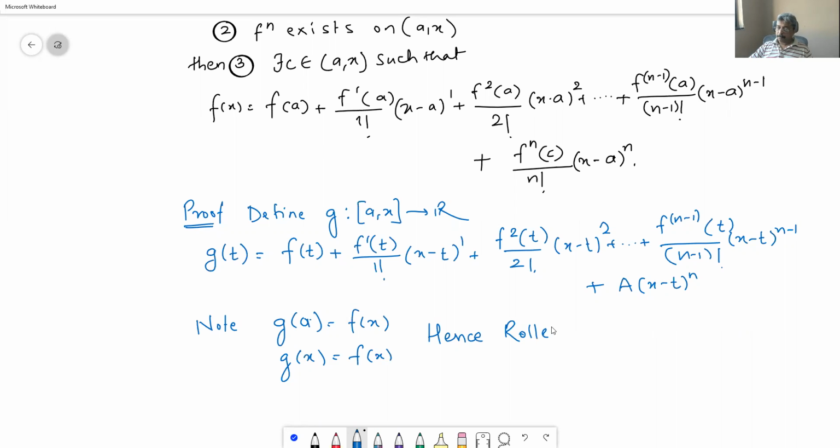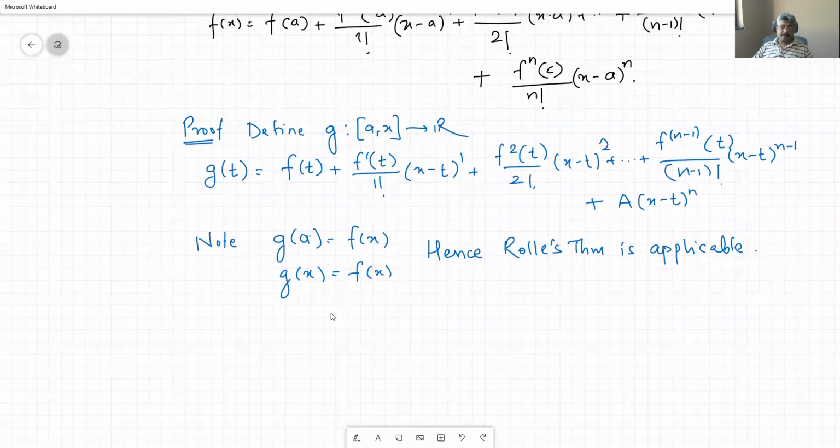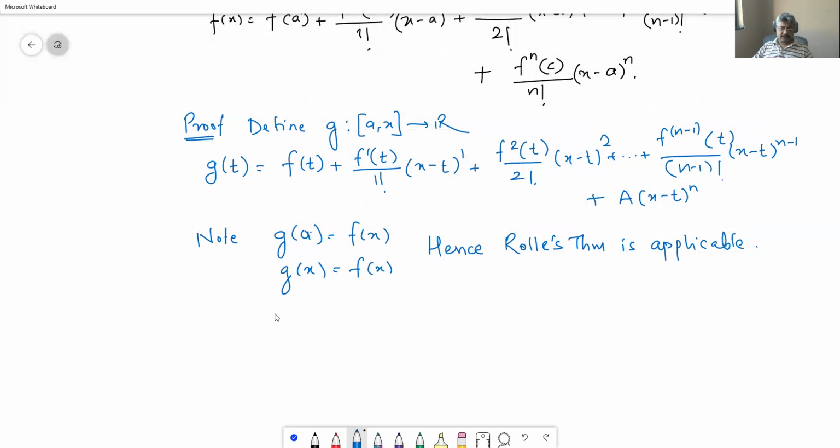Hence, Rolle's theorem is applicable. Okay, so if Rolle's theorem is applicable, then Rolle's theorem says there exists C such that g dash of C is equal to 0.